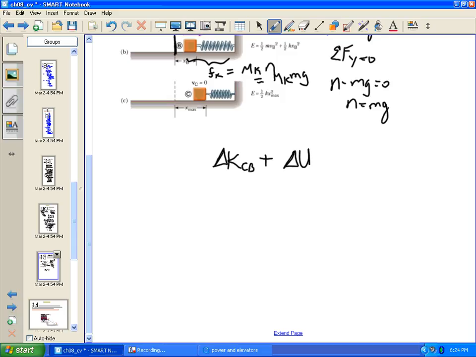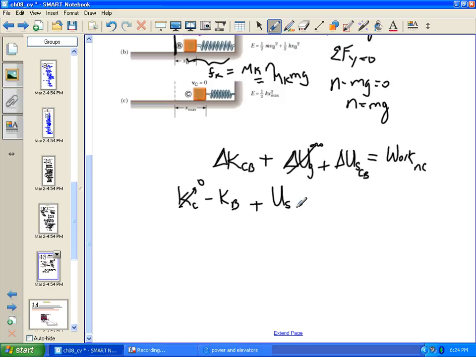So delta U sub G is 0, but we do have spring compression, so we have a delta U sub S from C to B, equaling the work done by the non-conservative force, which is, of course, friction.